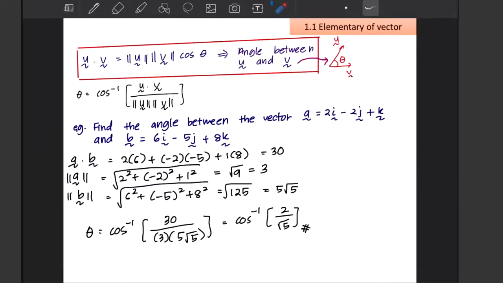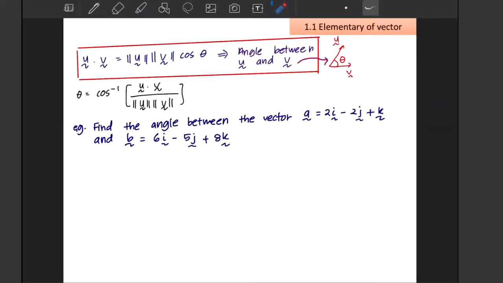Okay, for dot product, you can find the angle between the vectors. If you have vector u and also vector v here, we can find this angle using this formula. Theta equals inverse of cosine, just use your calculator. You must find u dot v, and then divide by the magnitude of u multiplied by the magnitude of v.